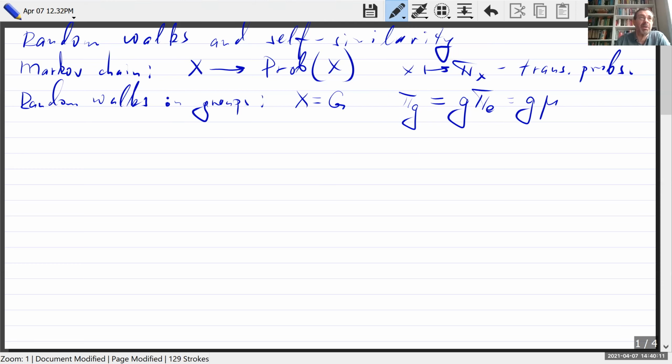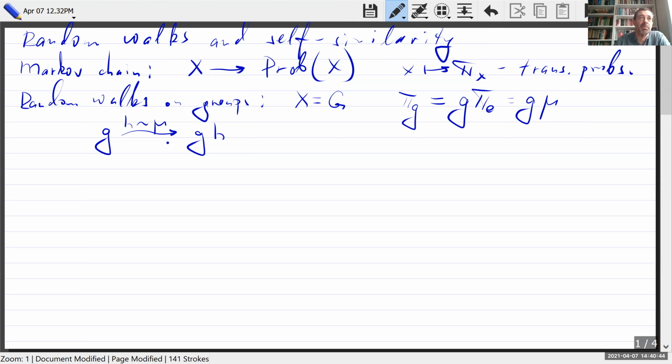In other words, it means the following. If we start from a point g, then the Markov transition consists in multiplying this point g by a randomly selected increment. And it is this increment that is distributed according to the same law mu. This is the description of the transitions of our random walk.